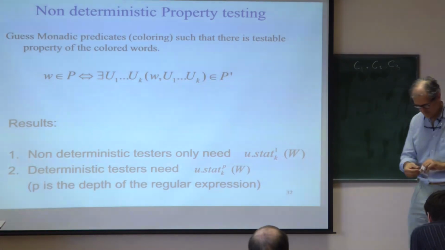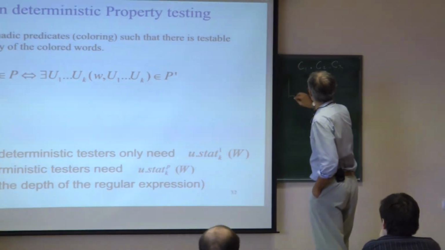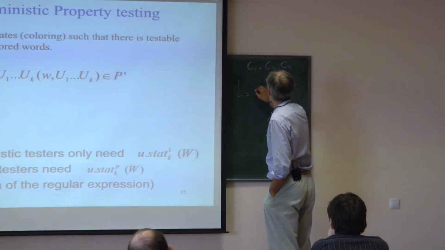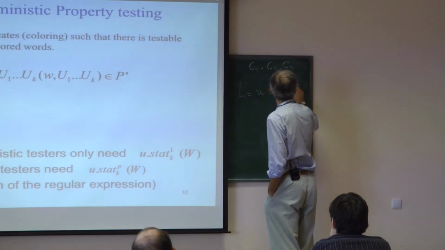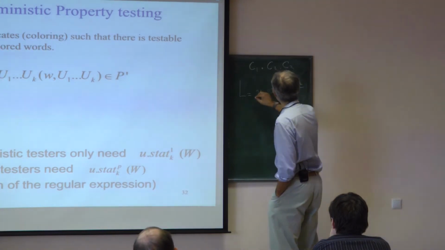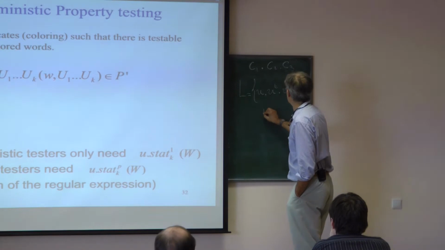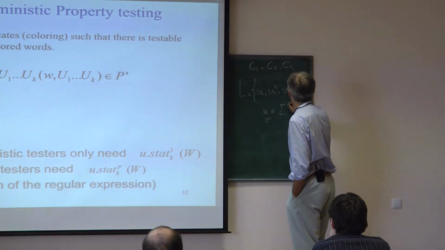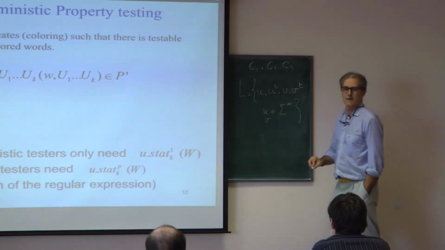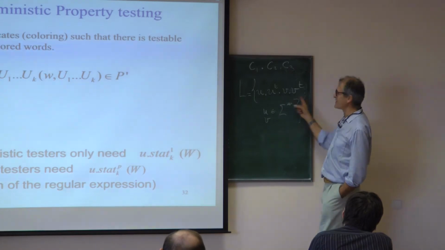Now the typical example of something that is non-deterministically testable is a language like this: U transpose, V transpose. You're given 2 words, U and V, and you want U transpose followed by V transpose.